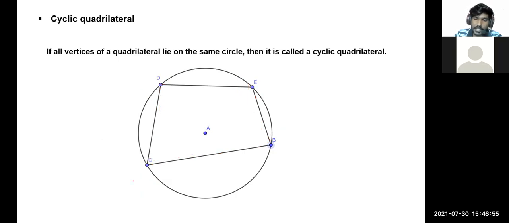Clear definition of cyclic quadrilateral? Have you understood what is a cyclic quadrilateral? Yes, it is in the circle. All the vertices.